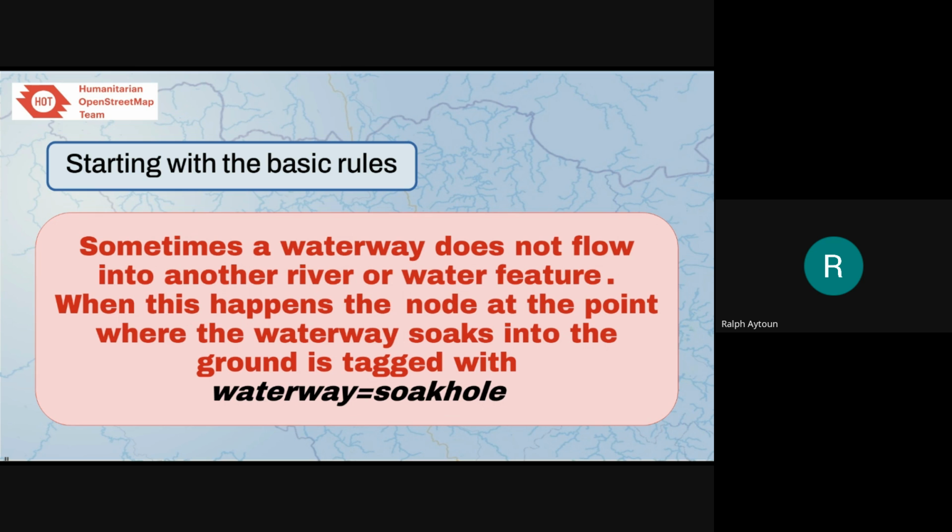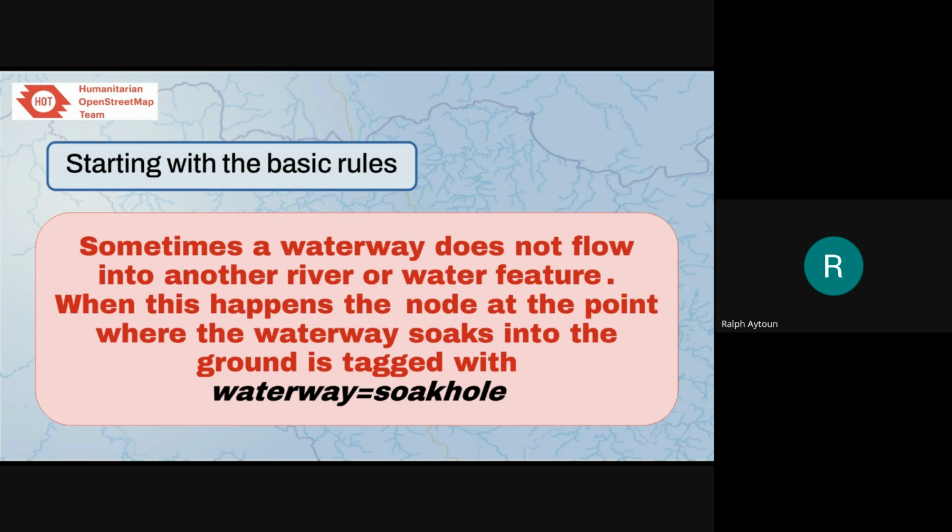Right, and lastly, sometimes a waterway does not flow into another river or water feature. It just seems to disappear into a wetland or disappear into sand. When this happens, the node at the point where the waterway soaks into the ground is tagged with waterway equals soak hole.